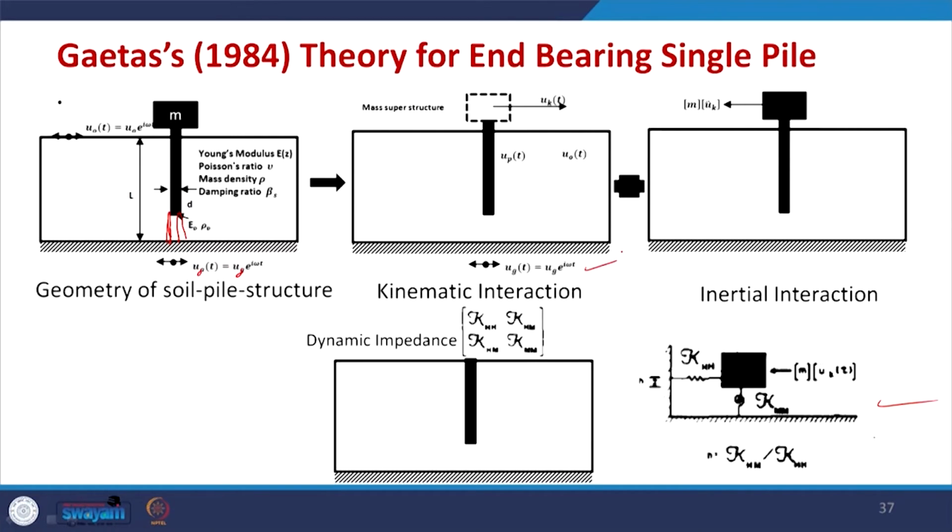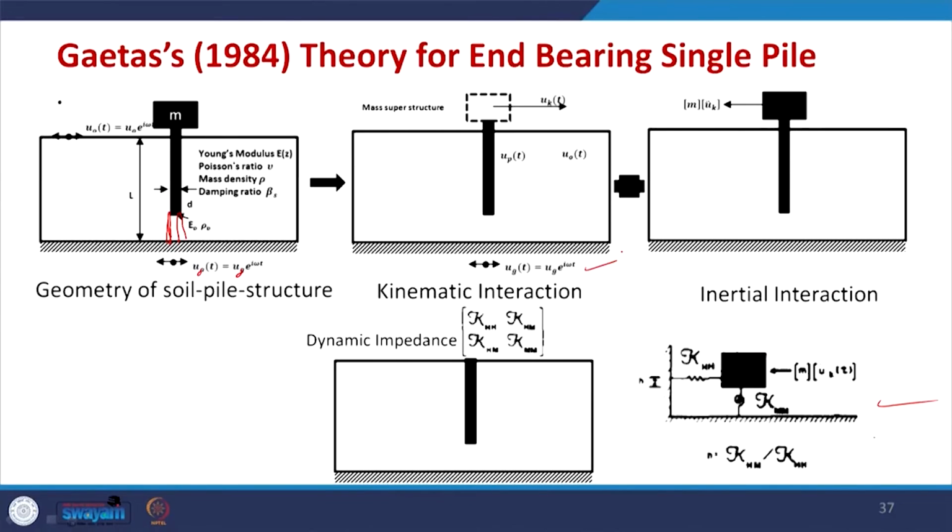UG is the amplitude of ground motion applied at the fixed base, which may be due to an earthquake or which may be due to seismic excitation, which we call. A pile is embedded inside the soil as shown here. The length of the stratum is capital L, which is the same as the pile length. So, this is an end bearing pile.